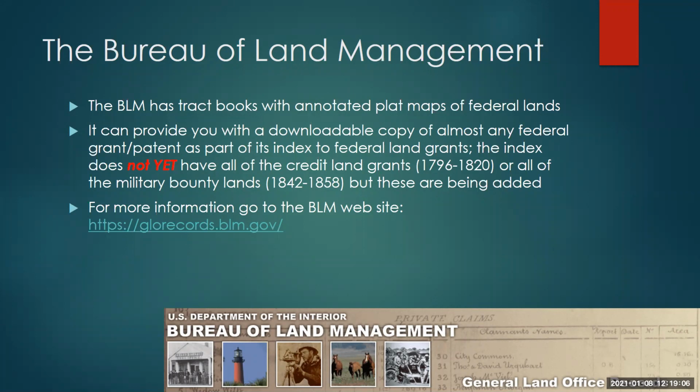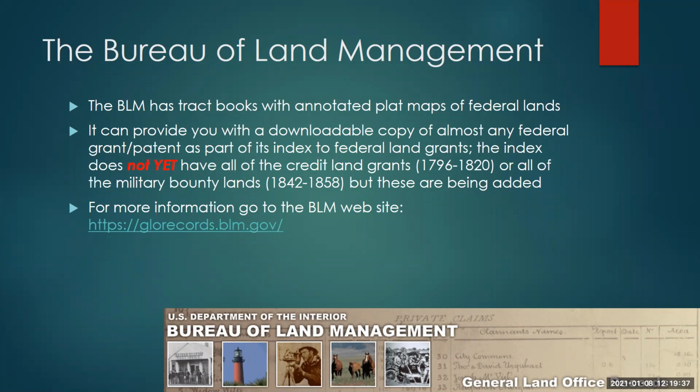Now, when you go to the Bureau of Land Management's website, if your ancestor received a federal land grant, also called a patent, you can look it up on their website and you can print a copy of the actual document. That is, you can have a copy of the actual federal land grant record that was signed by President James Monroe, or signed by President Abraham Lincoln, or signed by whichever president approved your ancestors' land grant.